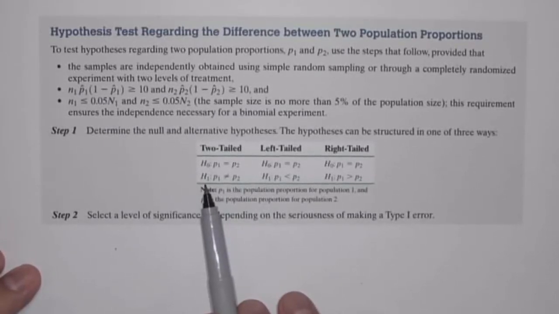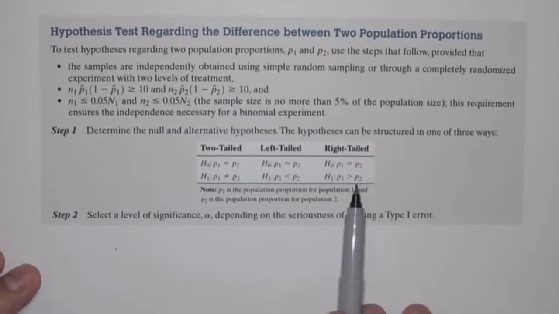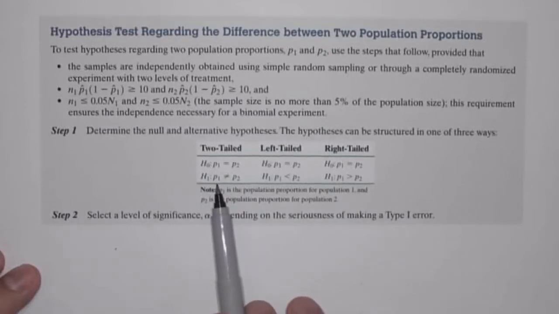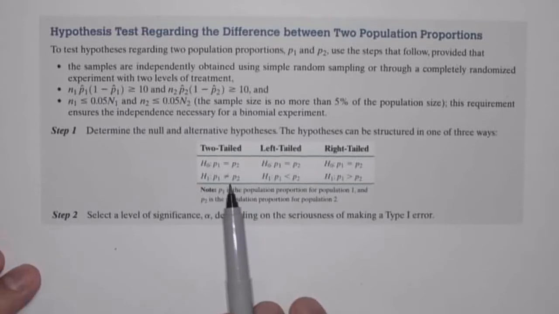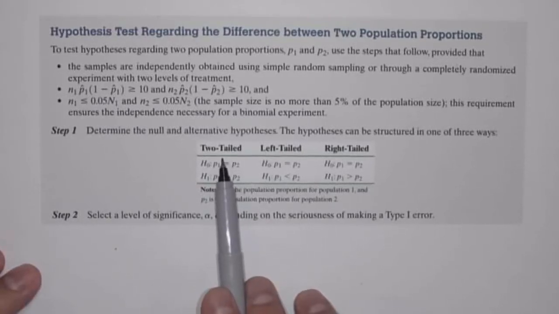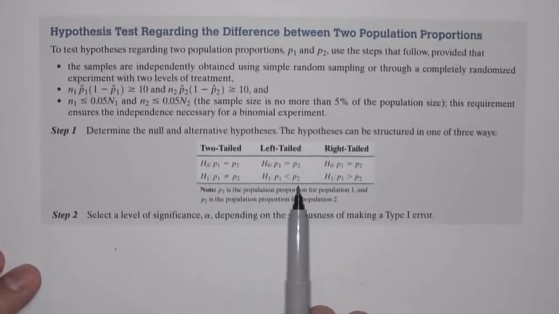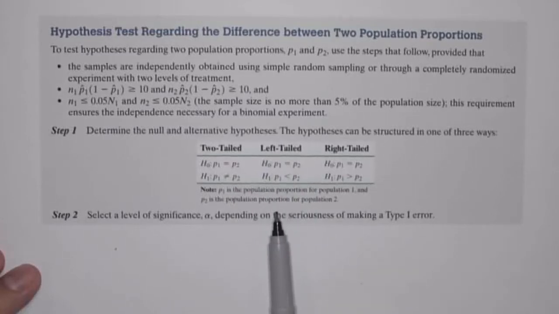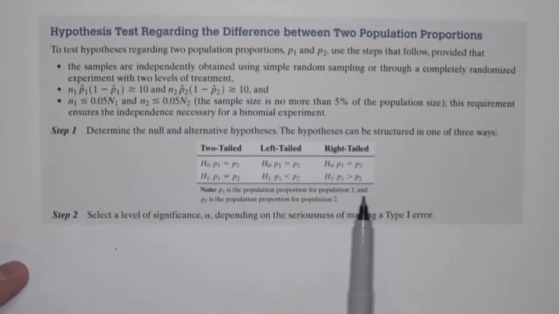Our alternative hypothesis will then be one of three things. Either that P1 does not equal P2, and if that's the case, then we'll have a two-tailed test. P1 is less than P2. If that's the case, we'll have a left-tailed test. And P1 is greater than P2, and if that's the case, then we'll have a right-tailed test.